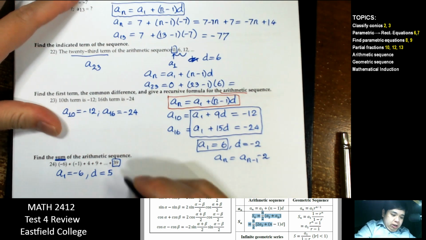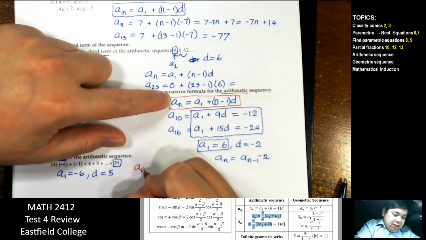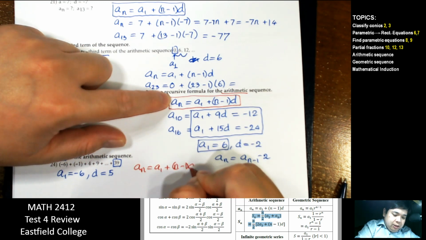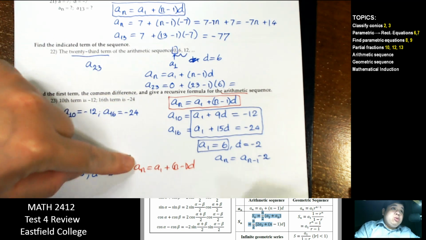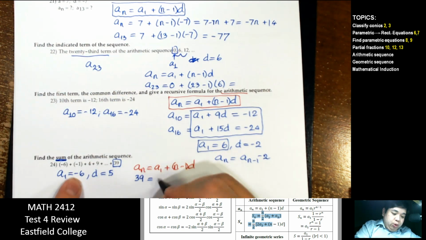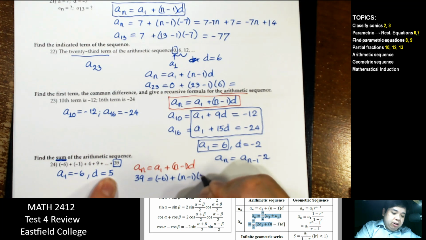So again, we use the same formula we had earlier, and I've just put 39 in for the an. We don't know what n is. We do know the first term, and the difference is 5.